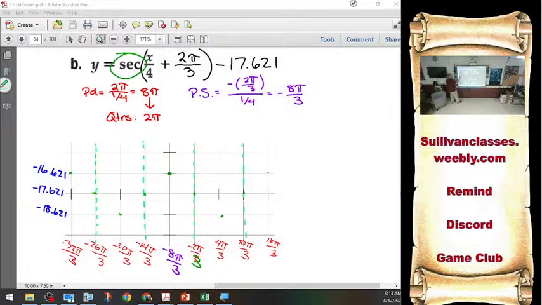You take all of these maximums and turn them into minimums. All these minimums and turn them into maximums. Max becomes min, min becomes max, max becomes min. So it just flips. Everything's inside out.